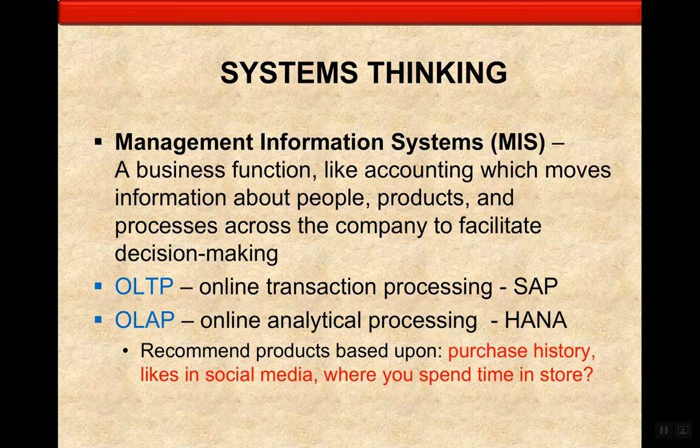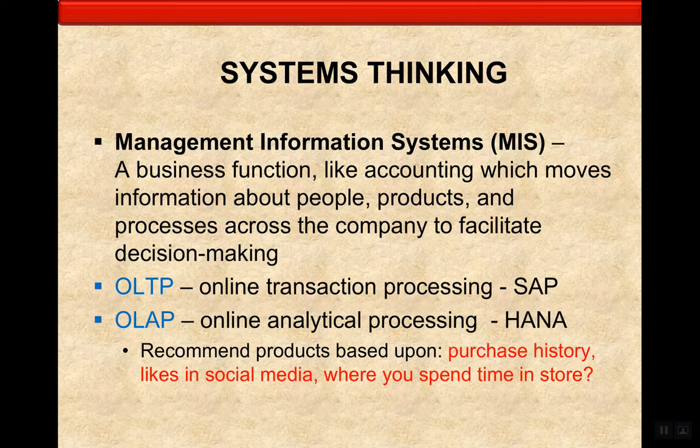MIS, Management Information Systems, is a business function that deals with information about people, products, and processes across the organization. There are two different types of applications that MIS deals with.